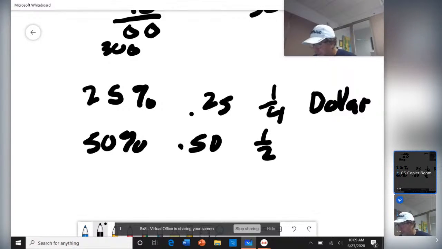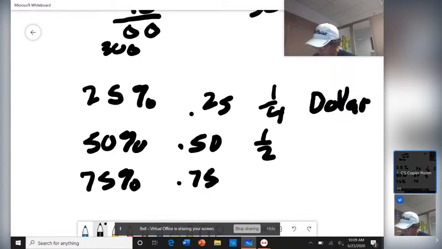So if it's like $100 and it's 50% off, it's half off. 25% would be a quarter off. And then if you have 75%, 0.75, that's 3/4 off. So if you can bring it back to money, sometimes it's real easy to visualize how much the price is going to be.